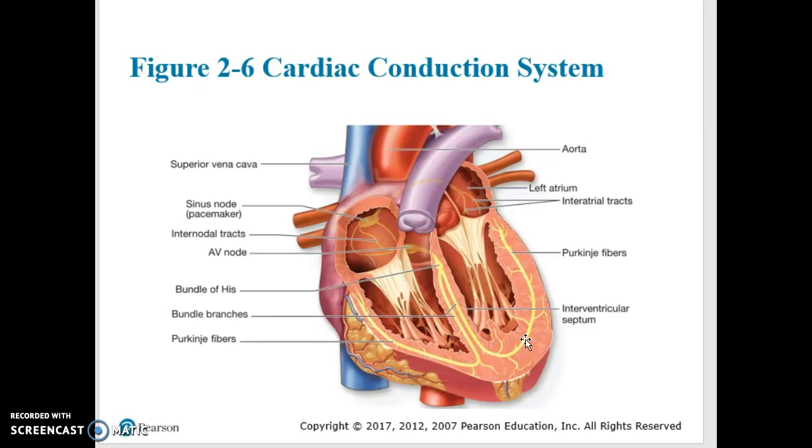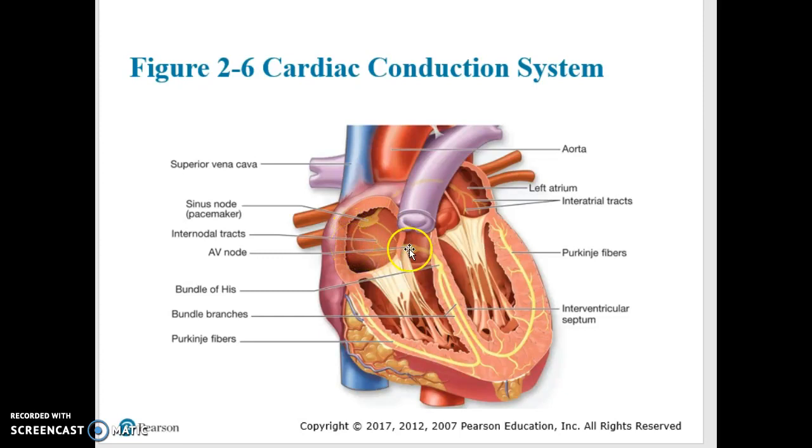So looking back at the cardiac conduction system, step 1 is the SA node, which is right here. Step 2 is the interatrial tract, which branches out and goes across the atriums, in which the atrium is step 3. Step 4, it travels down the internodal tracts.